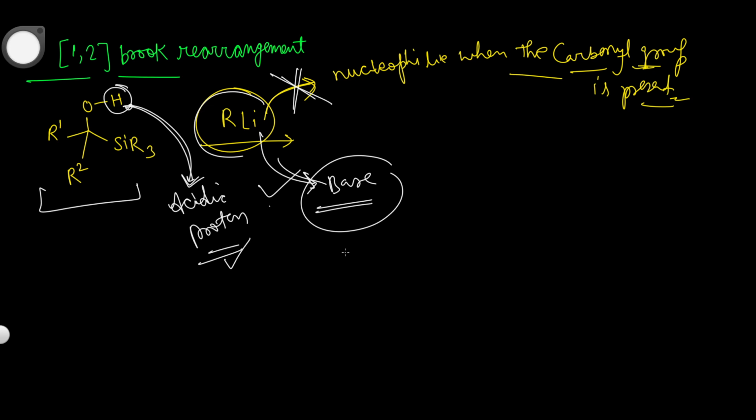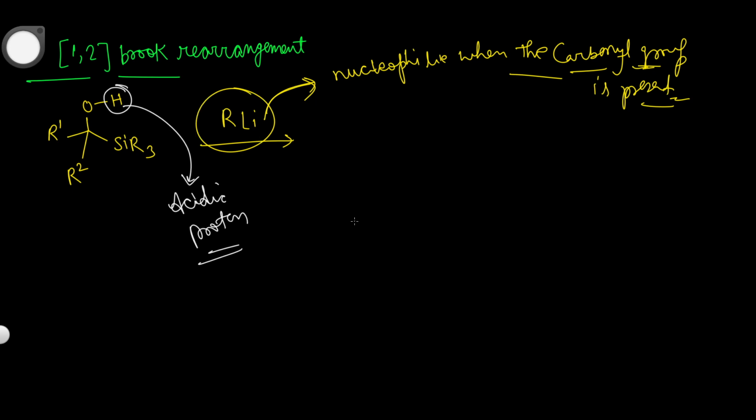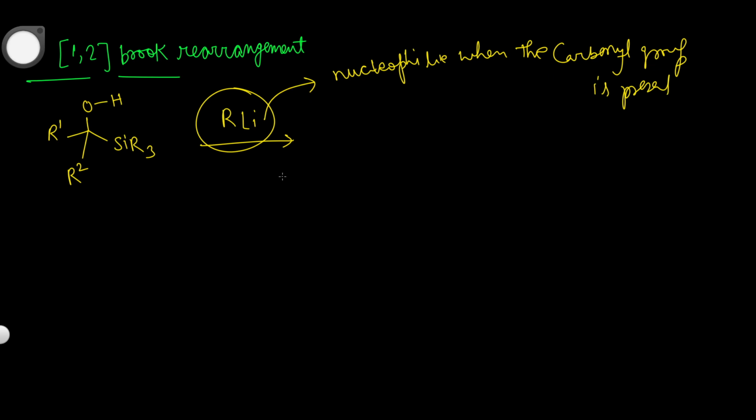So now let's move ahead. Let me undo all this so that I can explain it better. Now you can see this is the RLi, R minus and Li plus.